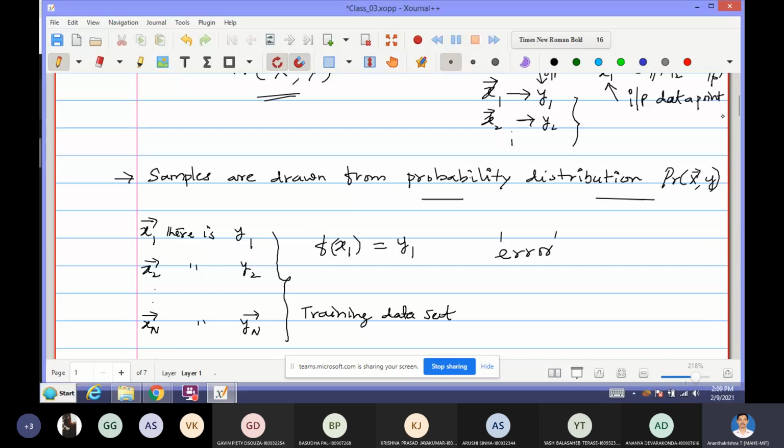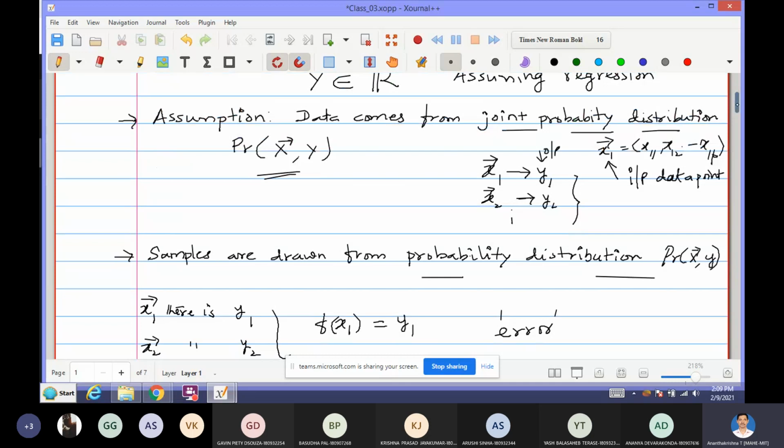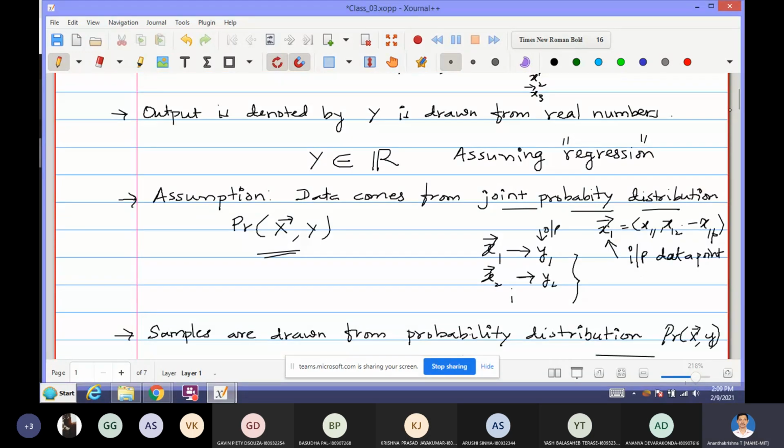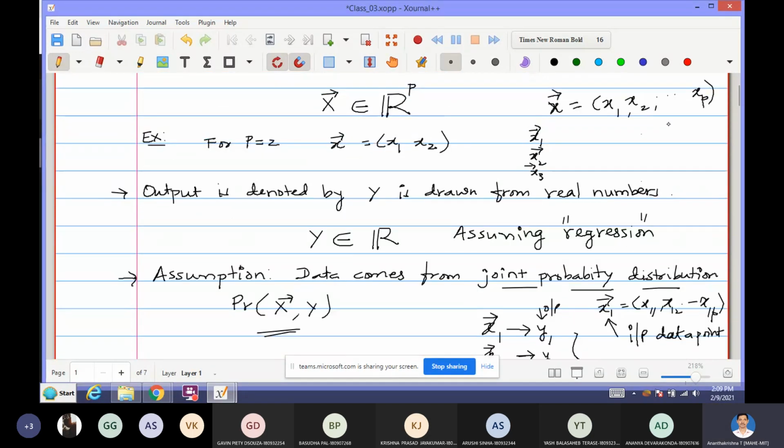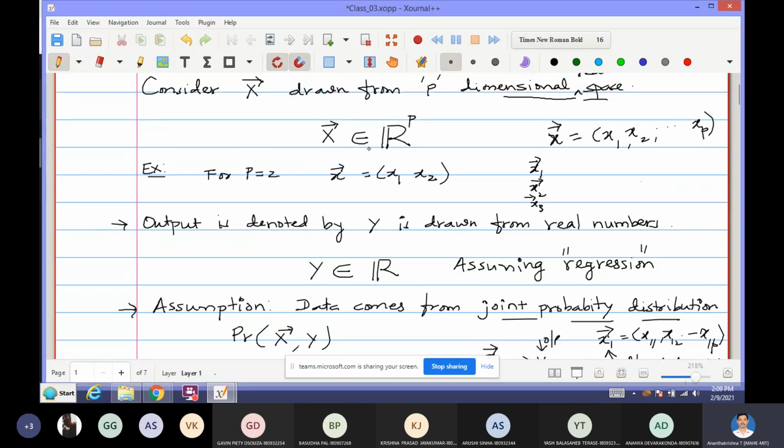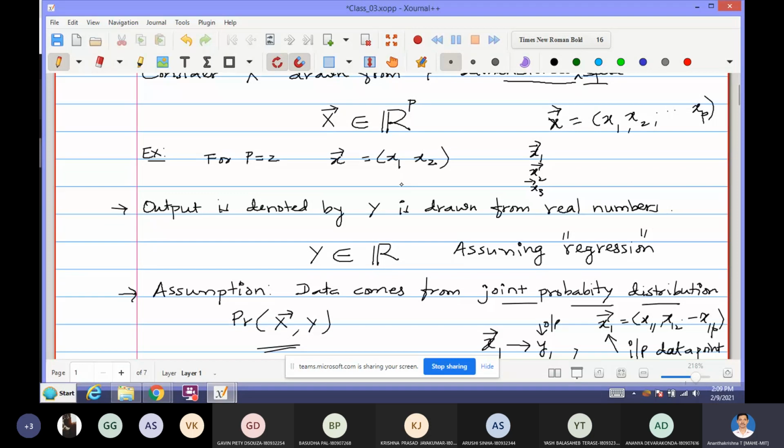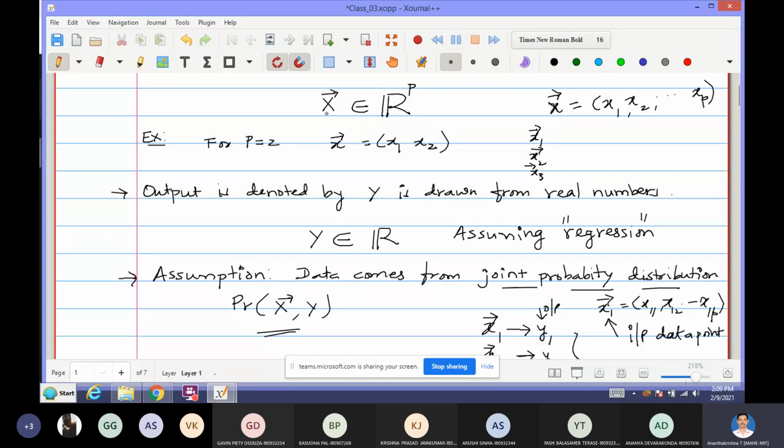Now in such a training data set, these vectors x1, x2, etc. Or in general, if I think of some vector x like this, this x is a random variable. We can understand that it is a random variable because it's drawn from the input data space, which can take a range of random values. Therefore, this vector is a random vector. Therefore, there must be an associated distribution for its quantification, right?